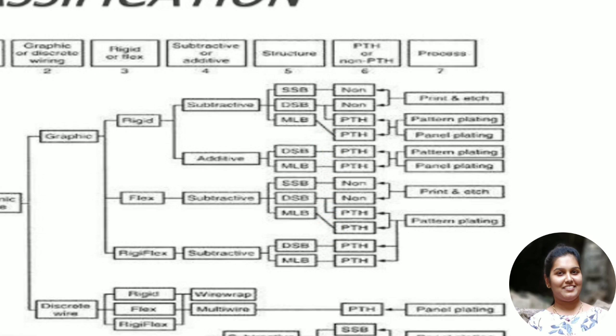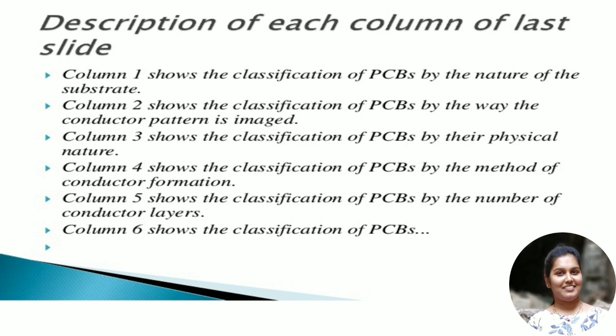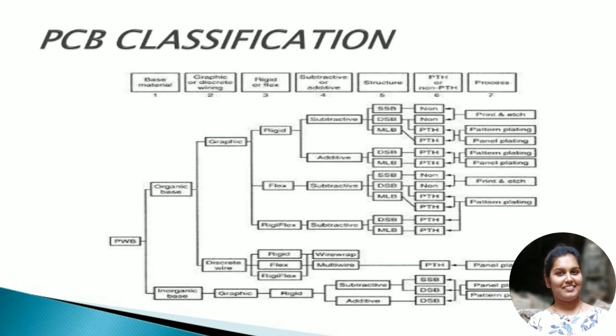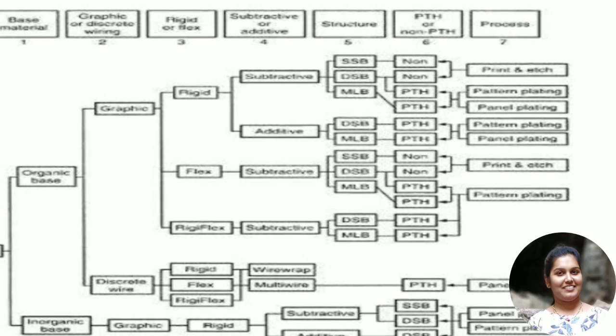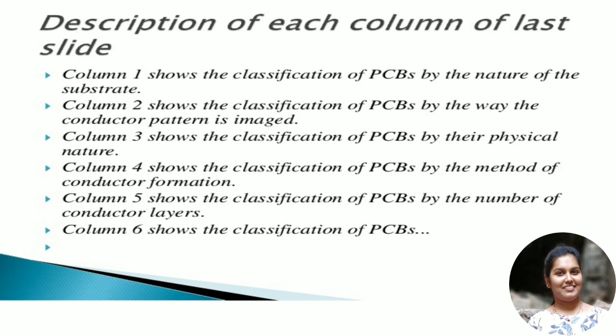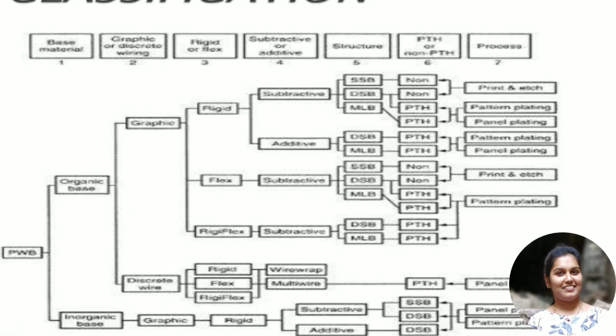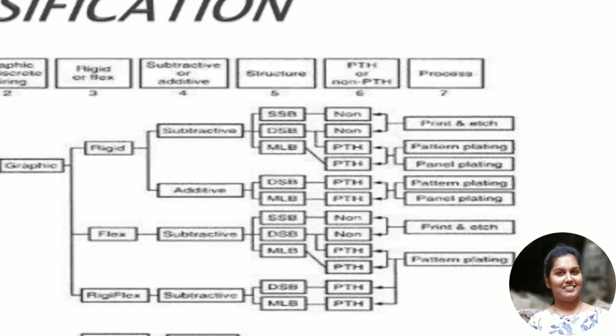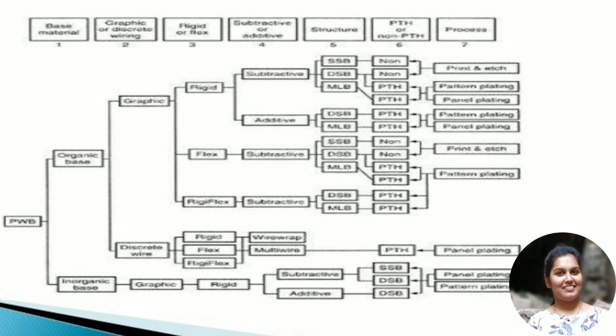And next is based on PTH or non-PTH. These are again classified like this, and depending upon the process, what kind of process we use for the development of the PCB, we use either print and etch type, pattern printing, etc. This is the classification we give for the different types of PCBs that are available.